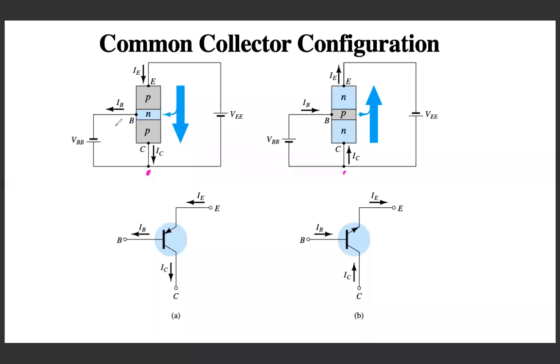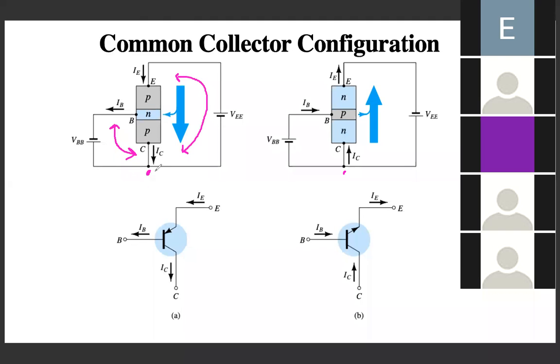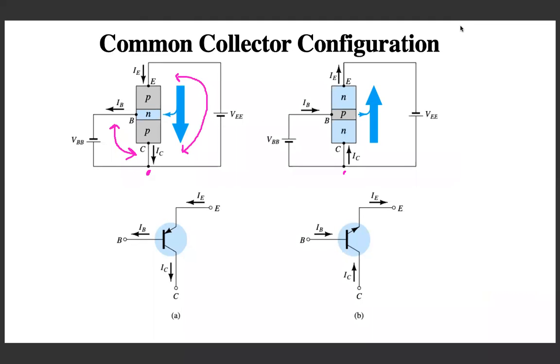Here we can see that the base and the collector is the region where we apply the input, and the collector and emitter junction that we will use for output. The collector is common between both the regions.